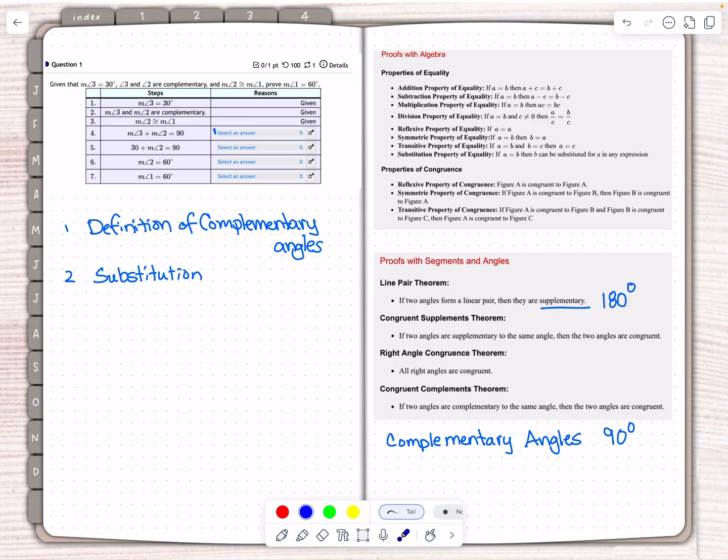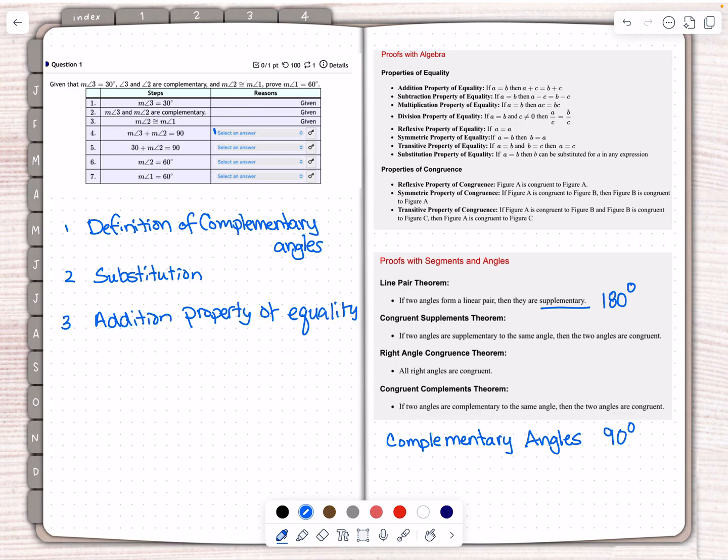Addition property of equality. It could also be the subtraction property, but in the drop-down box here, that's our only option, since we're just adding a negative 30. Addition property of equality.